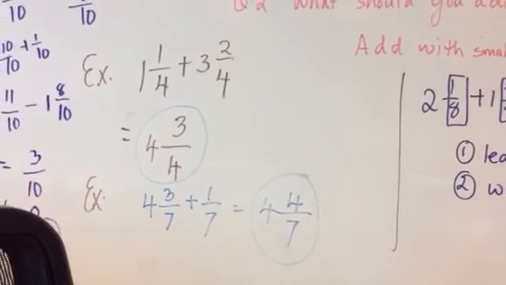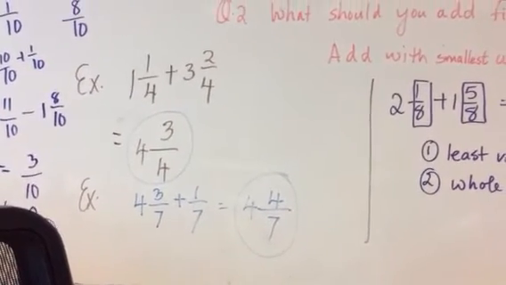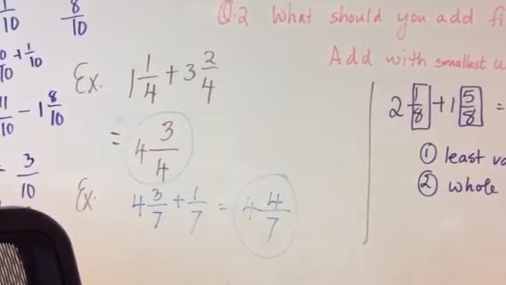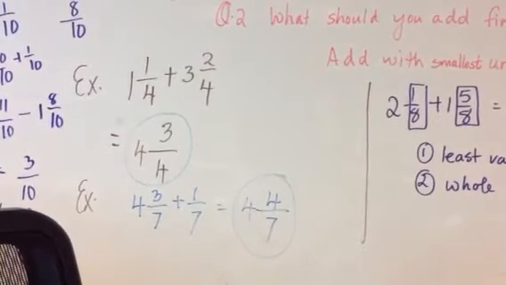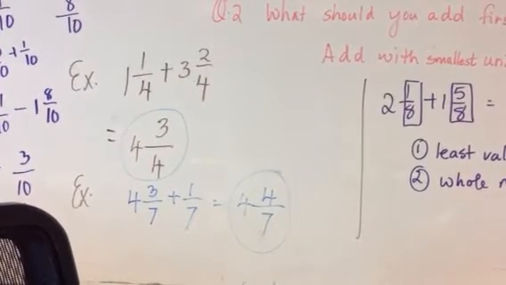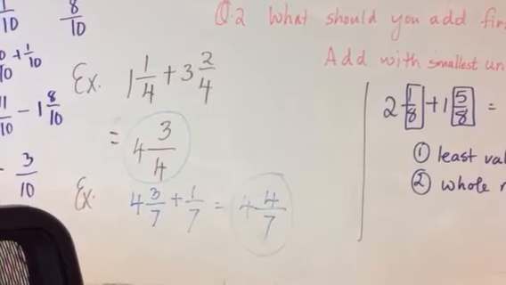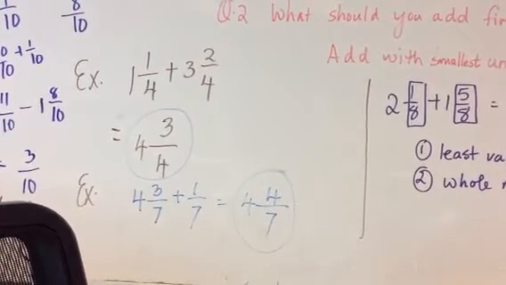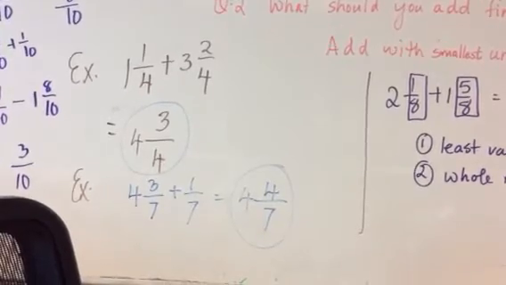Another example, 4 3 over 7 plus 1 over 7. So 3 sevenths and 1 seventh are the least valuable fractions, or the smallest unit. So 3 plus 1 is 4, the denominator 7 remains the same. The whole answer is 4 4 over 7.